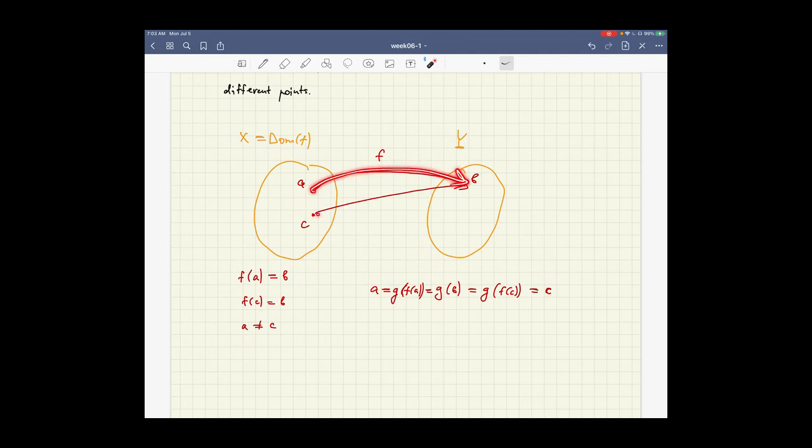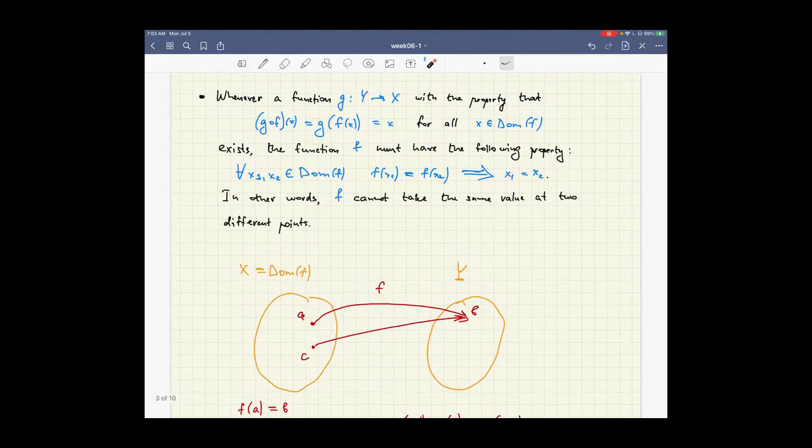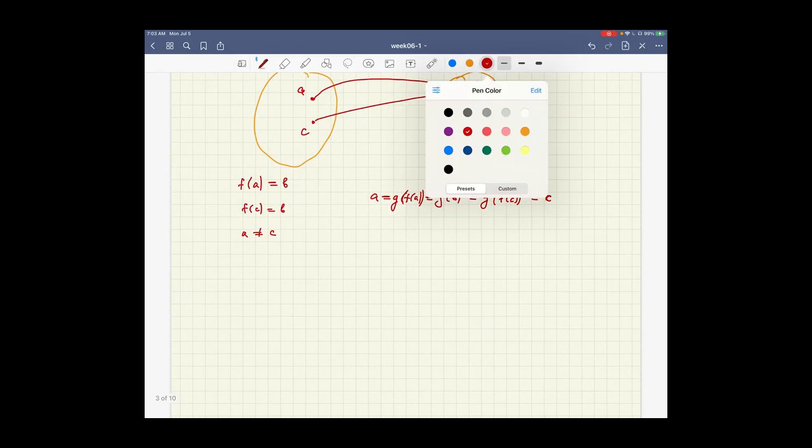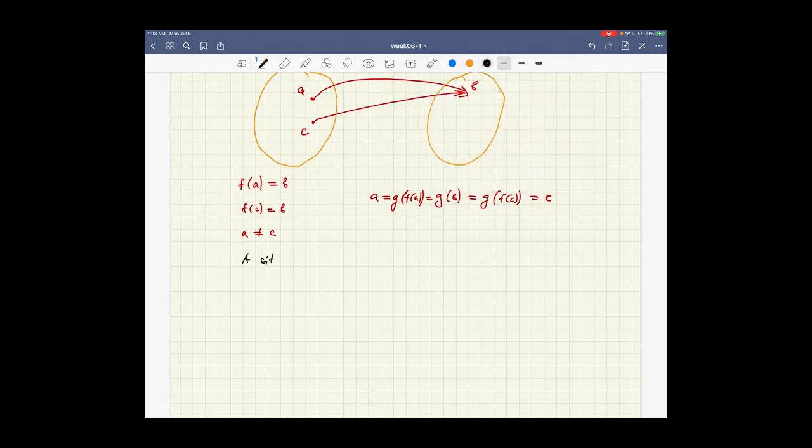So a situation like this can never occur for a function f that has an inverse.